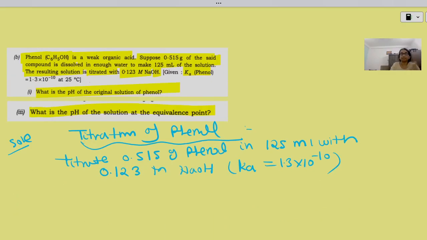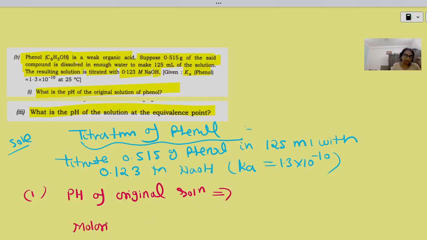According to our theory concept, we can solve it easily. First calculation is the pH of the original solution. We can calculate the pH of the original solution with the help of the given data. In this question, the molarity of phenol is given.